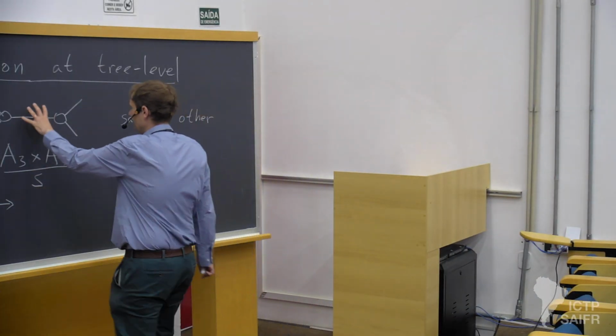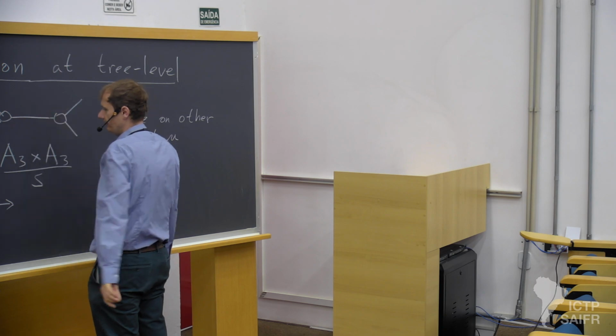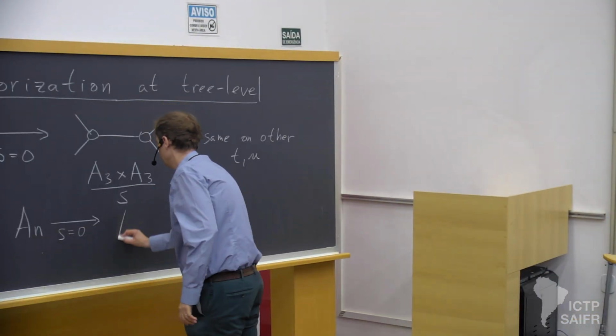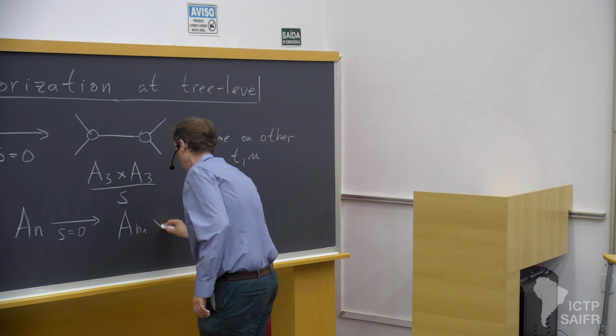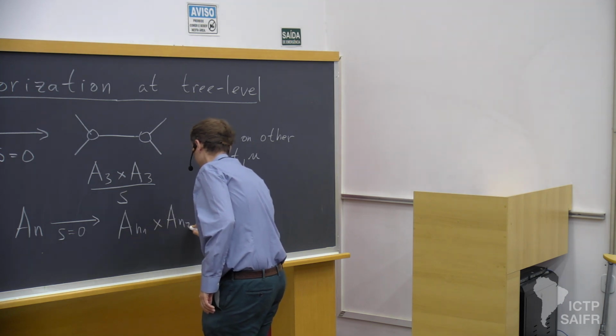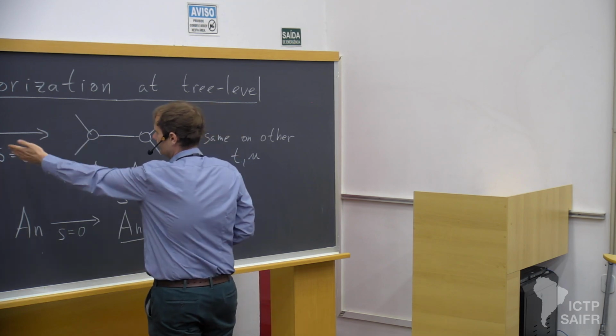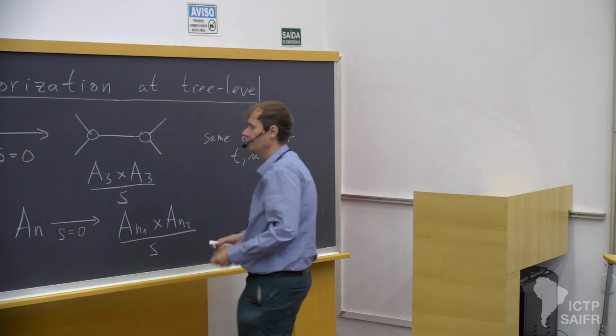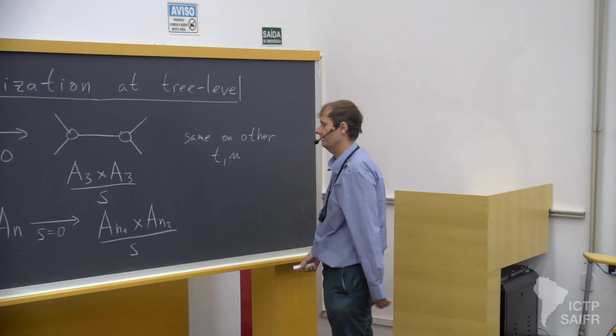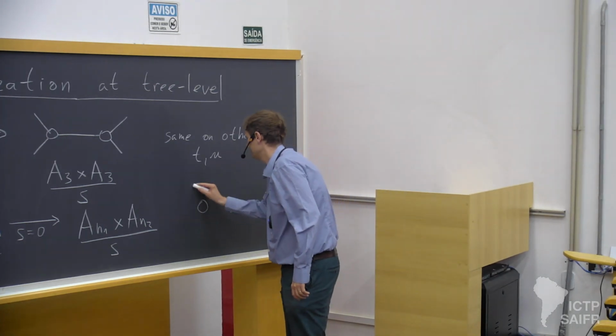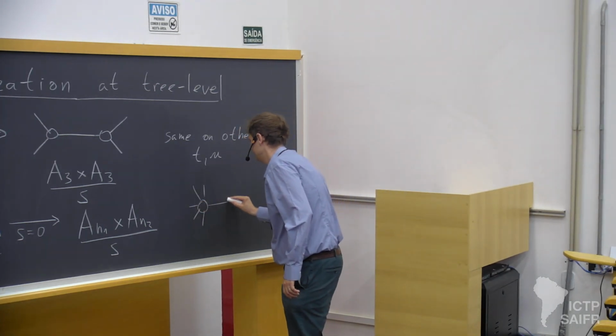So the 4-point amplitude factorizes into a product of two 3-point amplitudes. The higher point amplitude in general factorizes into a product of two lower point amplitudes, where now S is not the 4-point S, but some higher point Mandelstam variable, the sum of momenta.